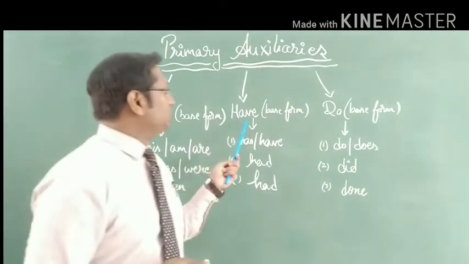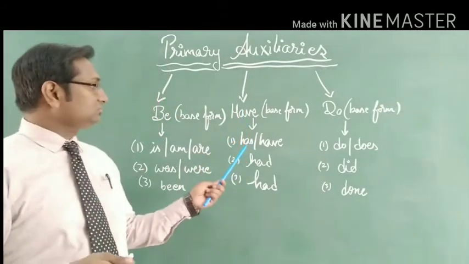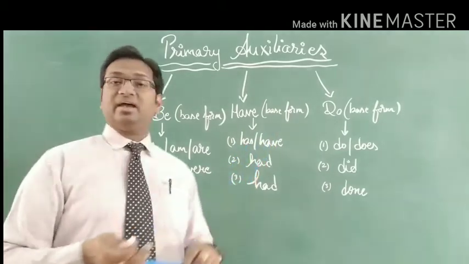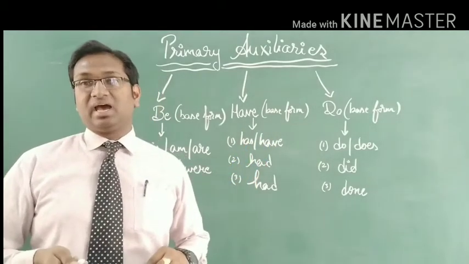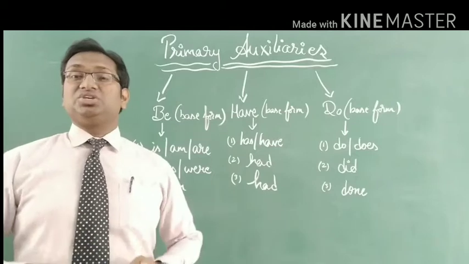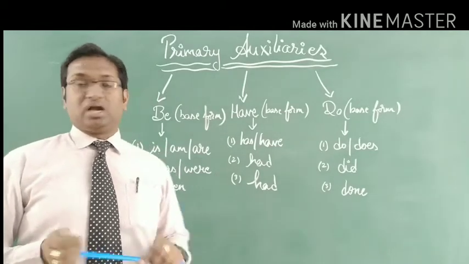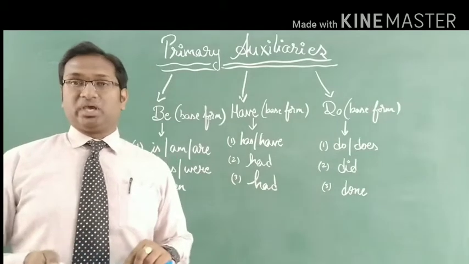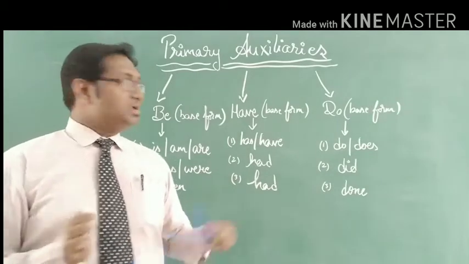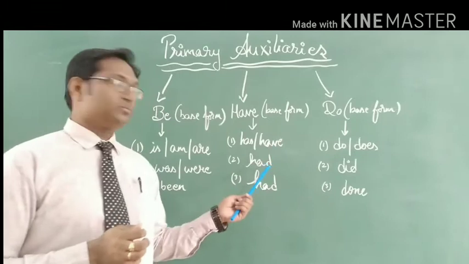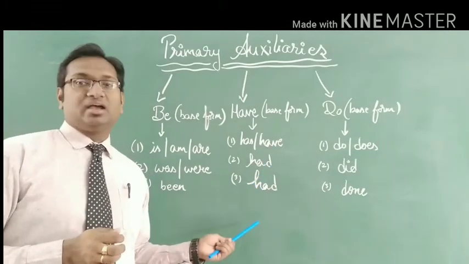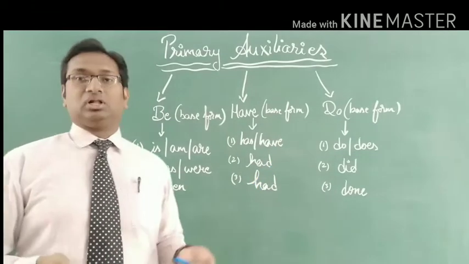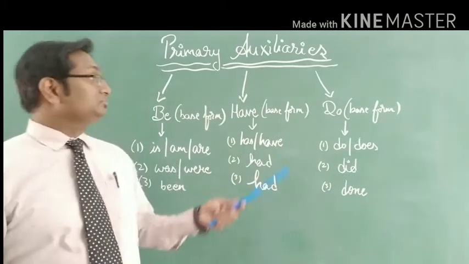Now let's move on to have. Has and have. First we are going to see has. With he, she, it, we are going to use has. For I, we, you, they, we use have. Had, for all the subjects.